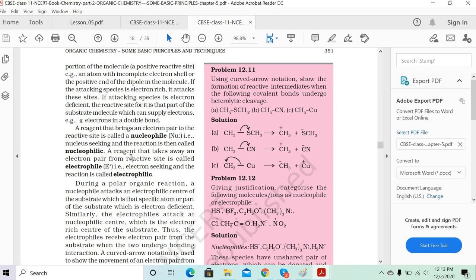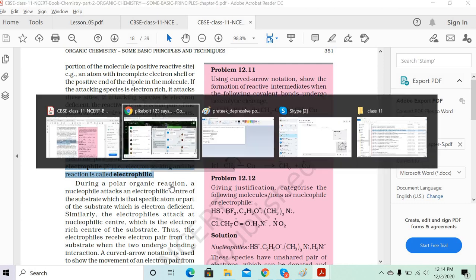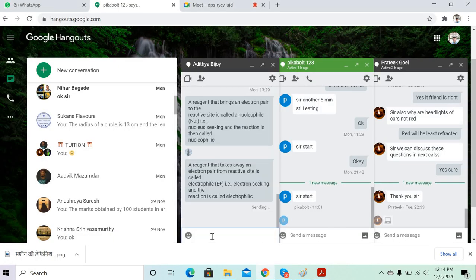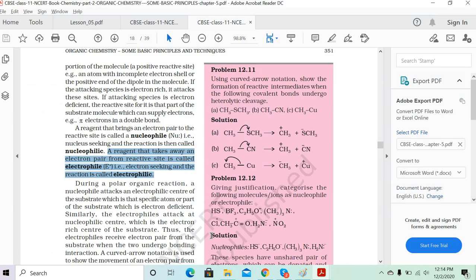Similarly, one more thing you want to write down is the electrophile, because the electrophile is also important. We need to understand what an electrophile is. It's contrary to the nucleophile. The reagent that takes away the electron pair from the reactive site is called the electrophile.